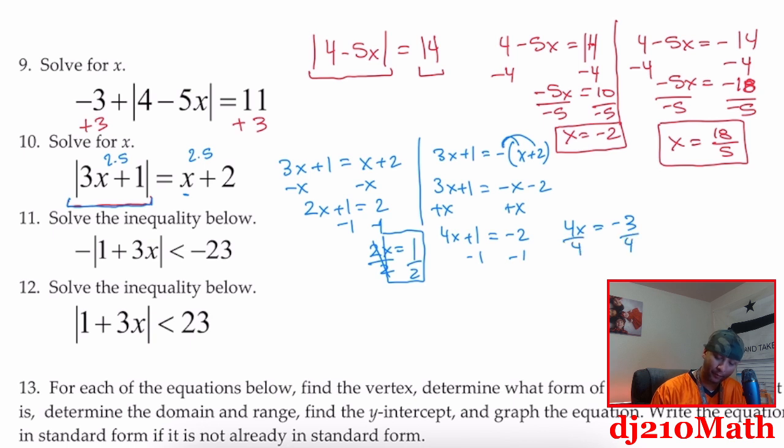Divide both sides by 4. x is equal to negative 3/4. So let's check that. All right, let's check that answer. Negative 3/4. Negative 3/4 plus 2. So this is going to be 1 1/4.